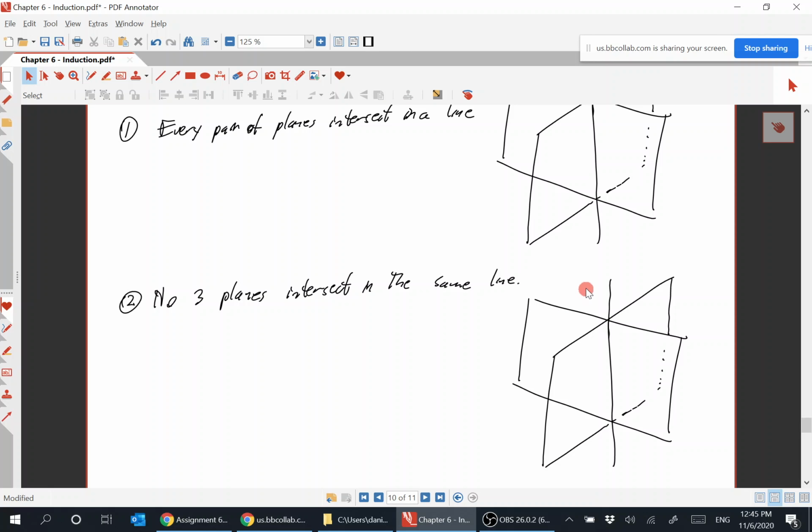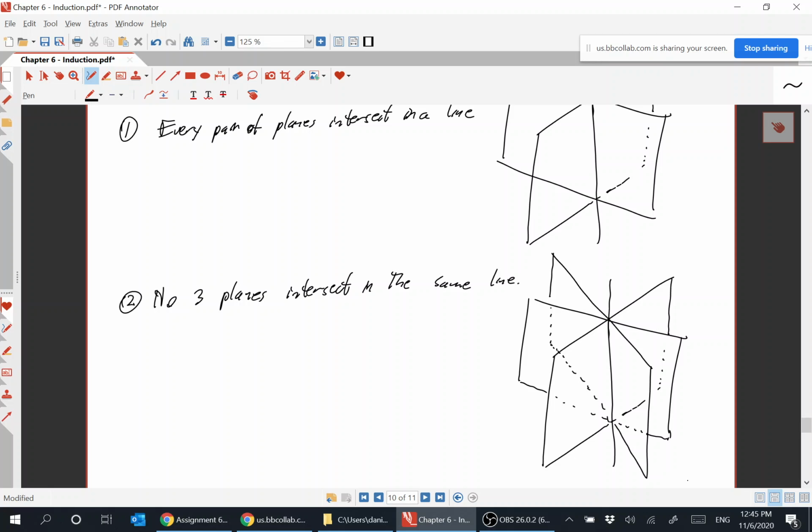So I can't have another plane passing through this collection here. Alright, so this needs to become dashed. Good. Alright. So that doesn't happen.